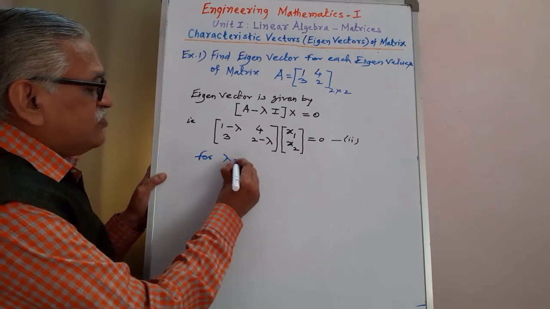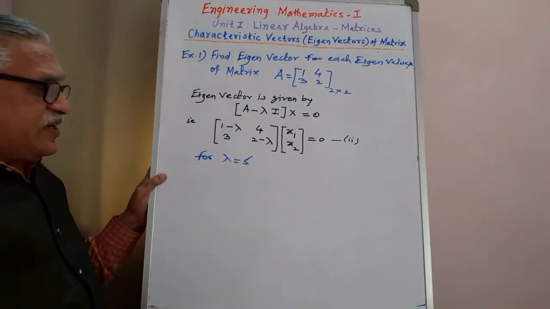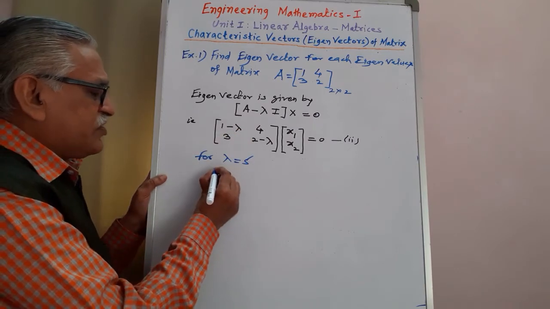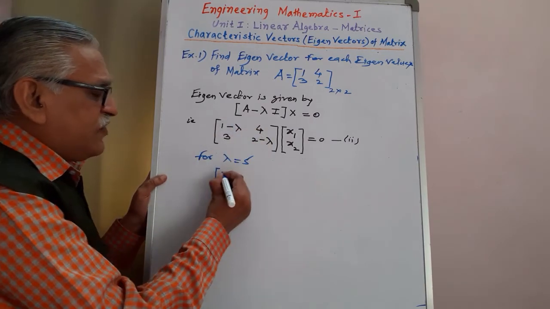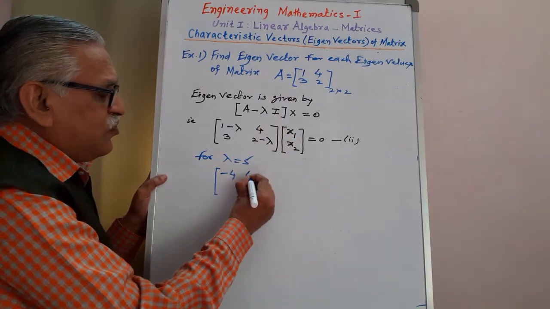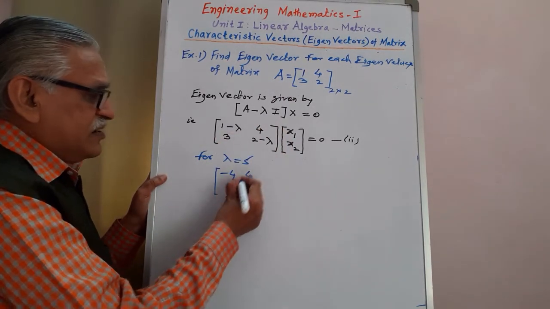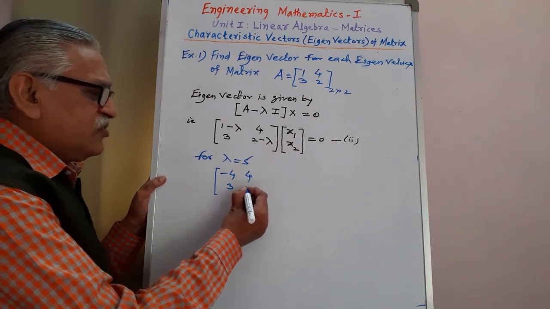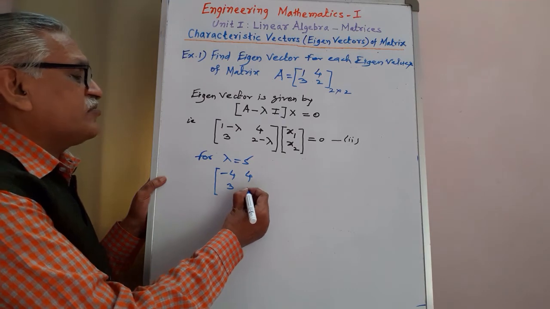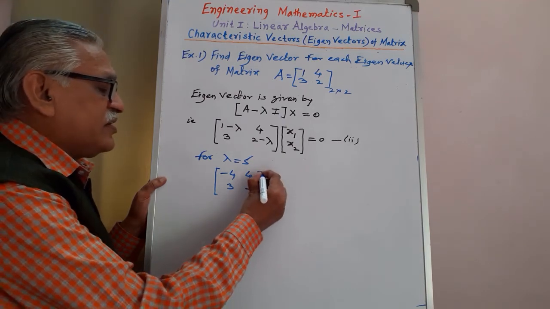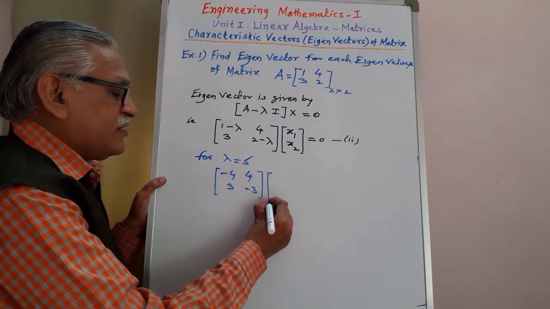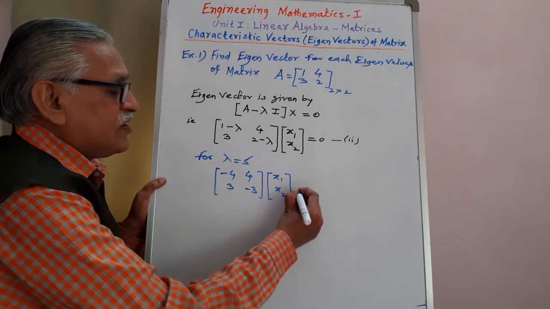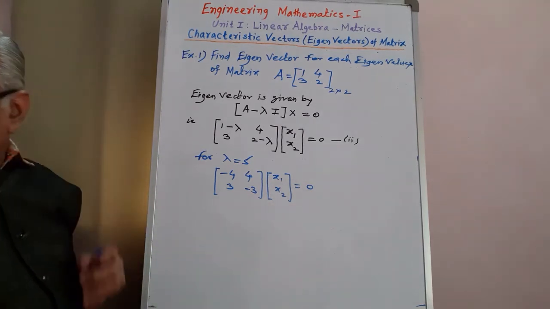Then we go for the second. For lambda equal to 5, if we put lambda equals 5 in equation 2, that equation becomes 1 minus 5, we get minus 4, 4, 3, and 2 minus 5, we get minus 3, into that column matrix of x1, x2, and is equal to a 0 matrix.